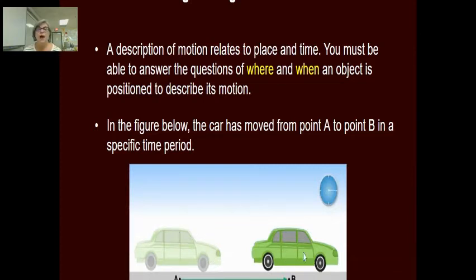We see the actual objects in kind of a time-lapsed photo, and we can see that it starts here and it ends here. A lot of times we will represent that motion with a vector because the motion does have a direction. We're showing here that we're starting at point A because it's the flat side of the vector, and the point is where we end up. This is a motion diagram.